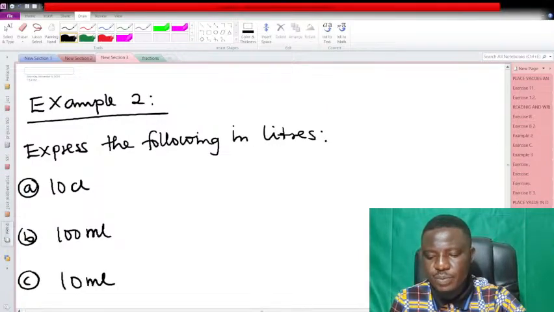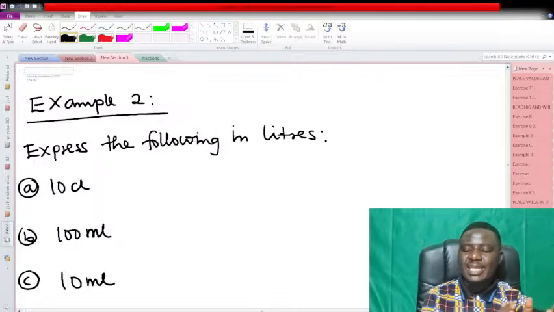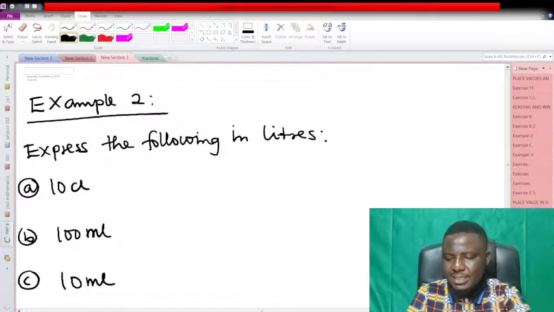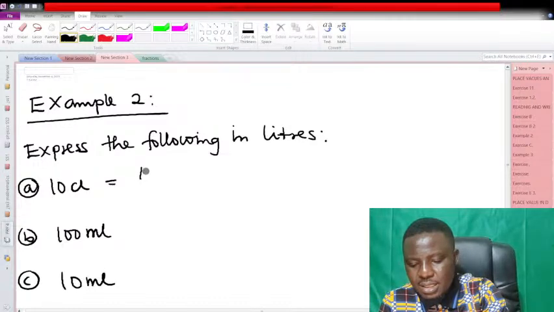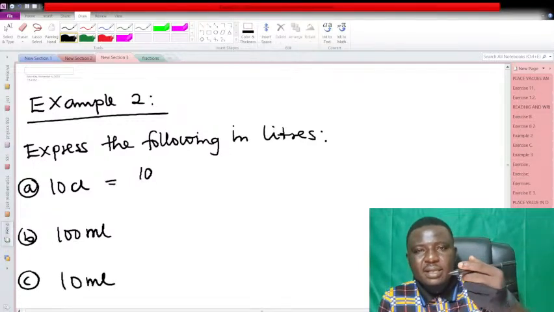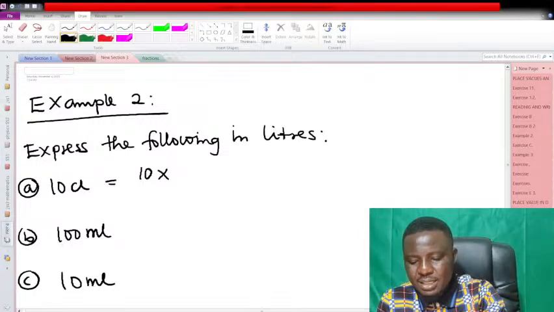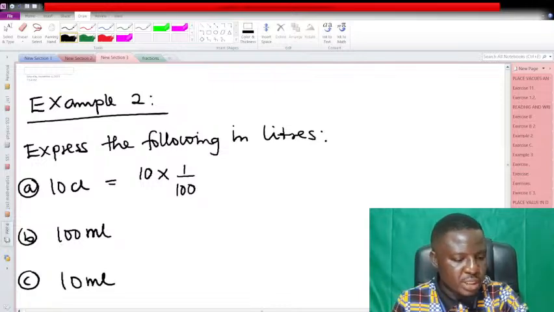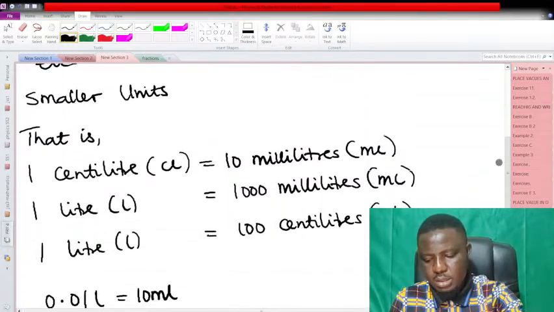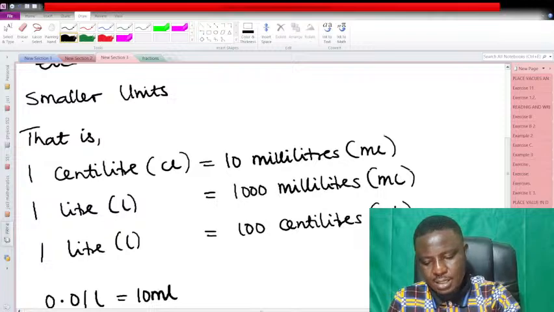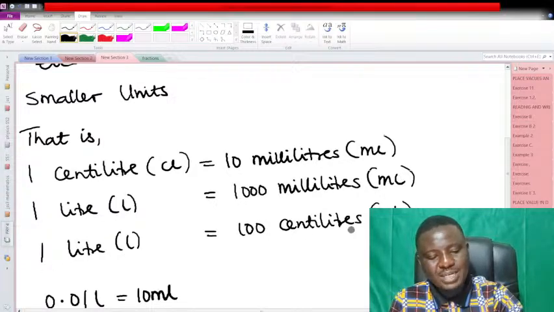Example 2 says we should express the following in liters. This is 10 centiliter. 10 centiliter means that it is 10 times, centiliter means 1 over 100, as shown in our table, that 1 liter is equal to 100 centiliters.